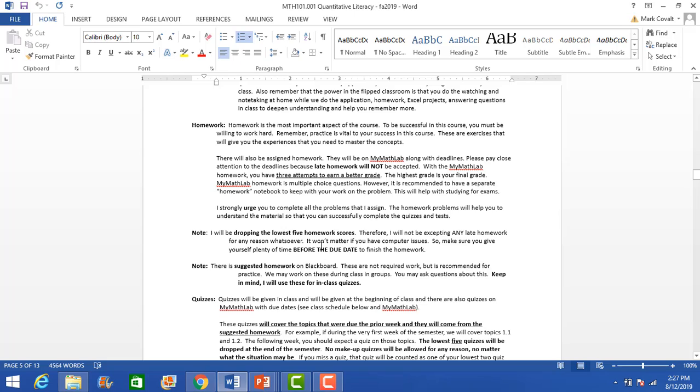Okay, homework. So homework is one of the most important aspects of the course. This is where you're going to practice what you're learning. This is where the rubber meets the road. This is where you practice. It doesn't matter what the skill is, whether it's learning a new instrument, whether it's learning a new sport like billiards, pocket pool, billiards, pool, whatever you want to call it.